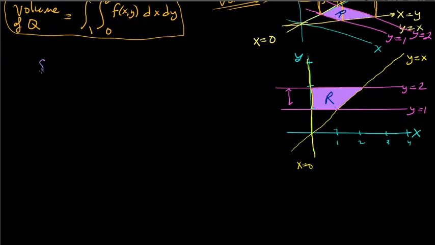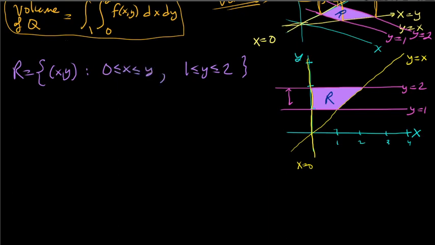Well, we can say it's the set of all points x, y in the region R such that y is between 1 and 2, so y varies between 1 and 2, and x varies between 0 and y. Again, how do I know that? We're starting here at x equals 0, and we end up at x equals y over here, so going left to right.